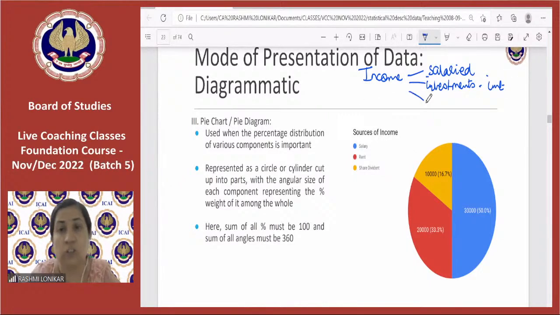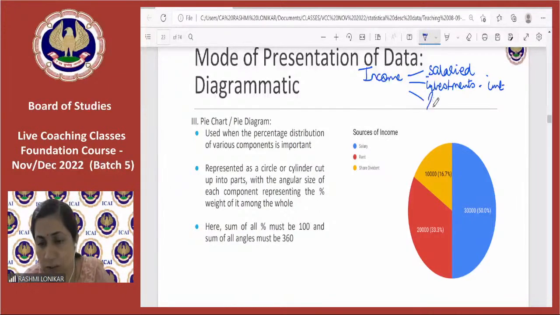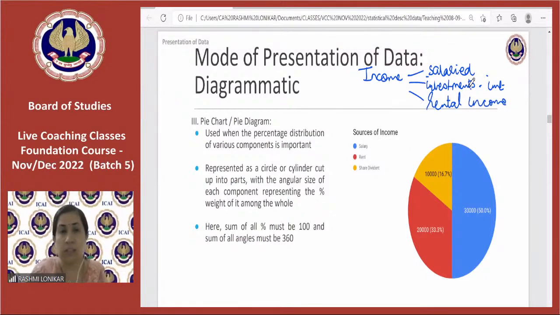Suppose he also has a house which he has given on rent, so he's getting rental income also. All this information is gathered, and then I represent it on a pie chart. How to make the pie chart? When we do the sum, we will understand.